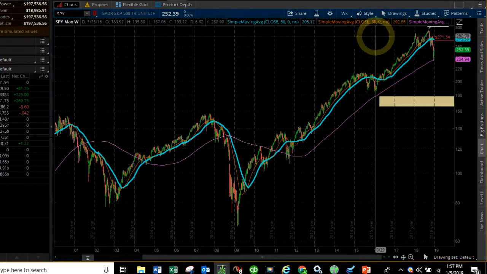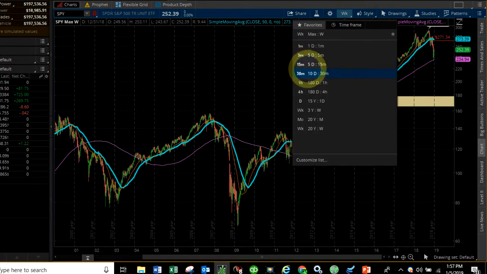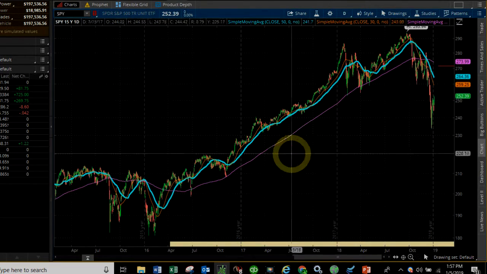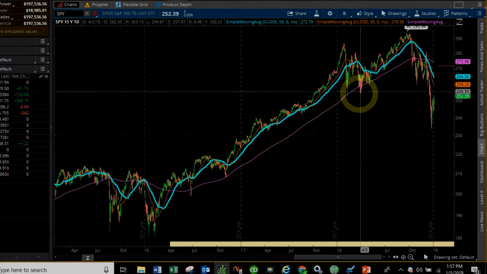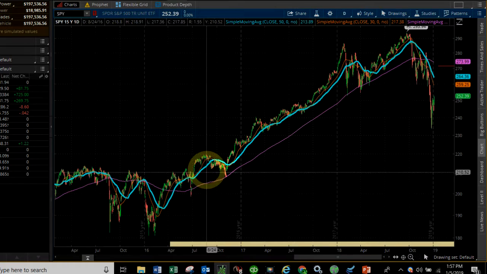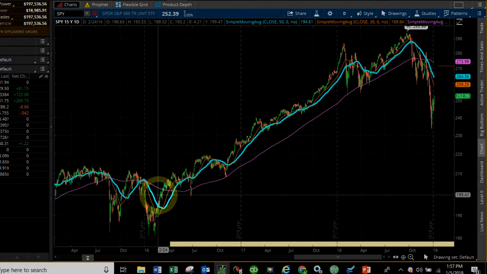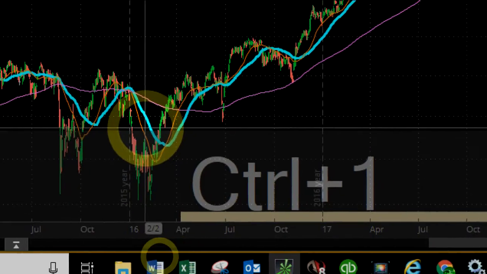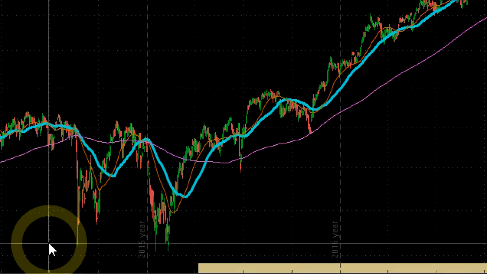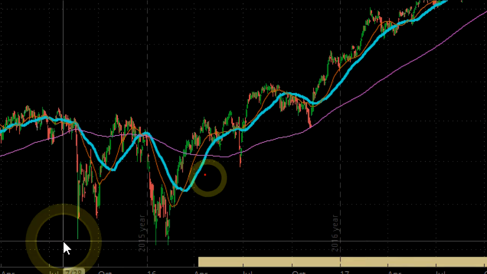Actually, this is the 200-week moving average. Let's just change it to day and see what it does. See here, all these little places along, just follow the 200-day moving average. So you could use this 200-day moving average as a support and resistance tool.